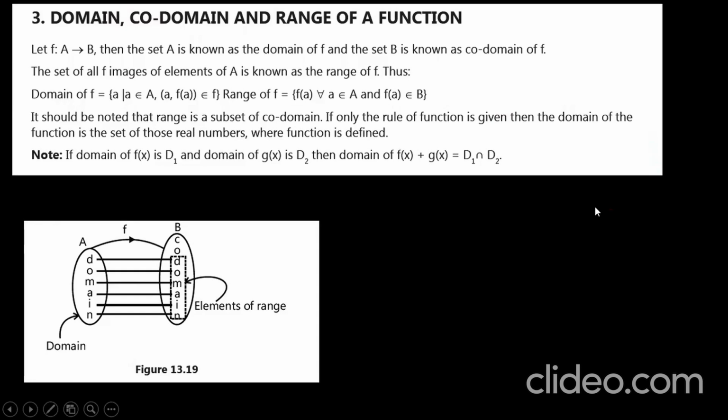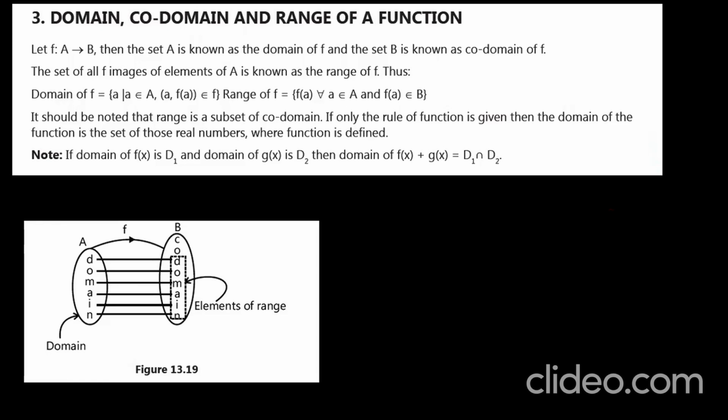The next very important topic is domain, codomain, and range. I already told you about domain, codomain and range. What is domain? If you take any two sets, A and B are the two sets.